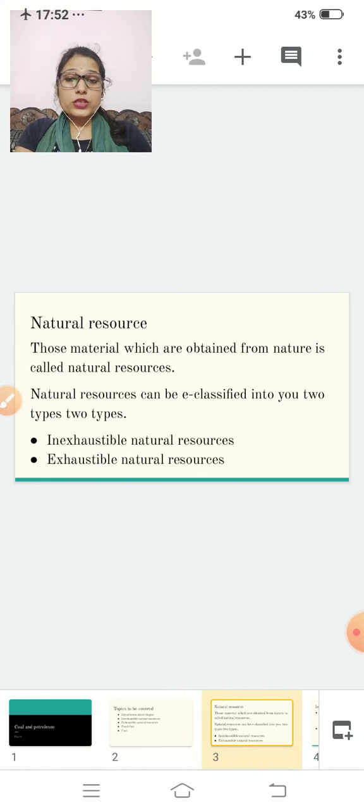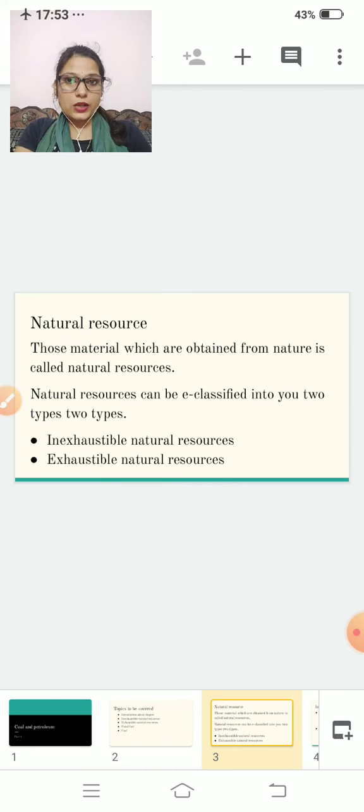Those materials which are obtained from nature are known as natural resources. What are natural resources? Those materials which are obtained from nature are called natural resources.